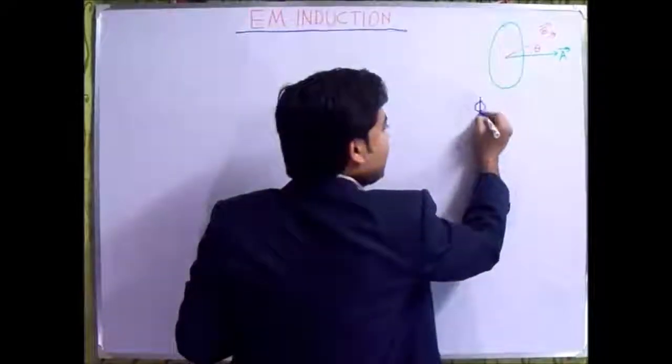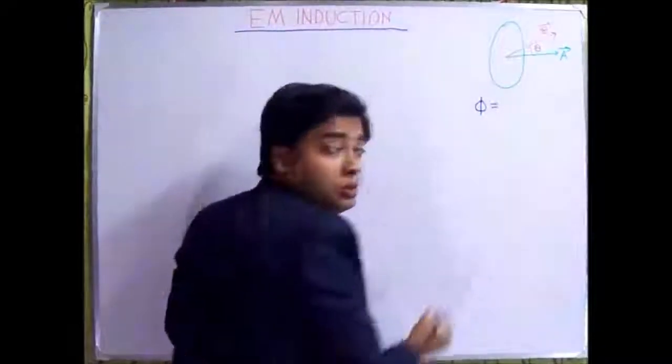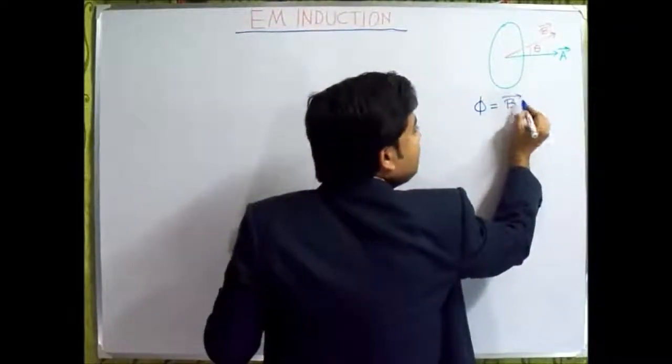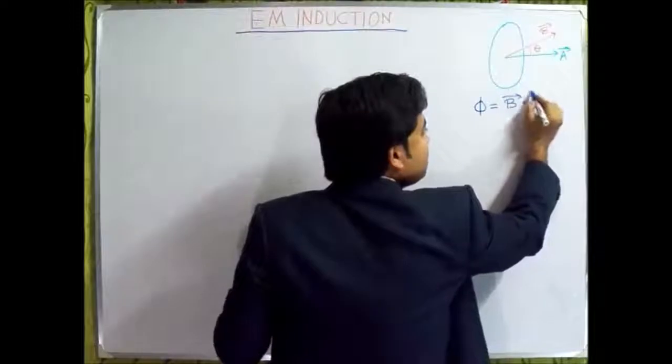The magnetic flux will be equal to the dot product of these two vectors.